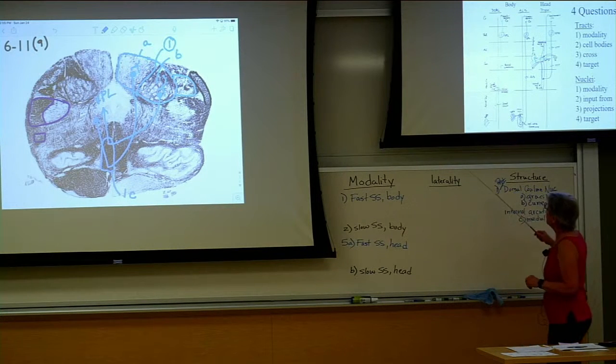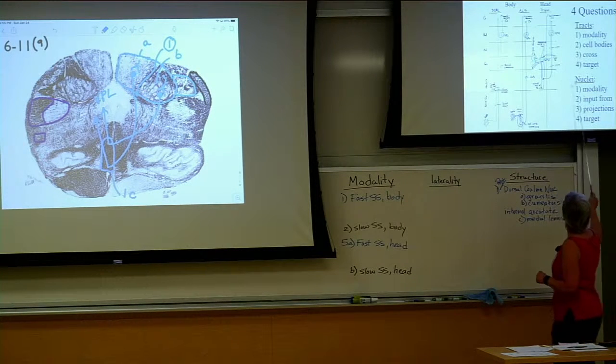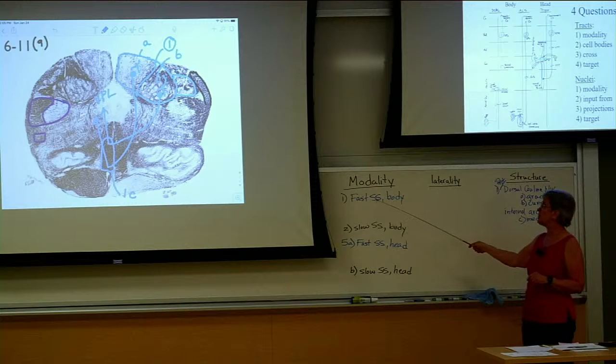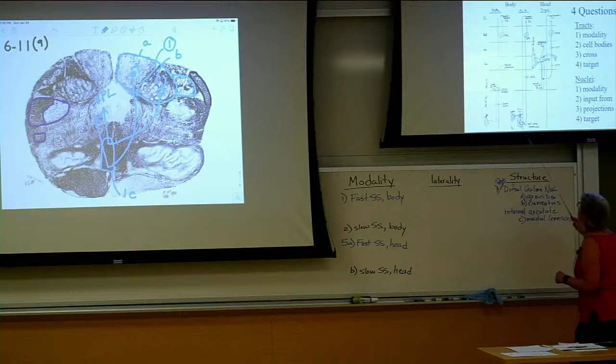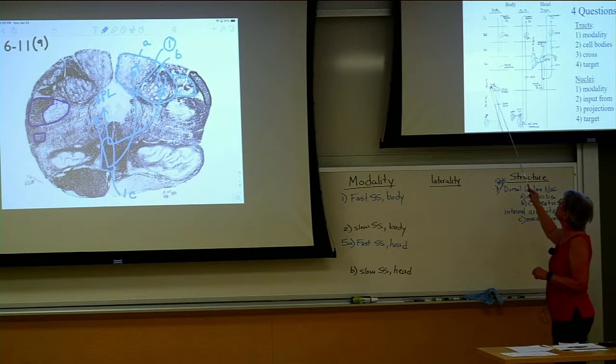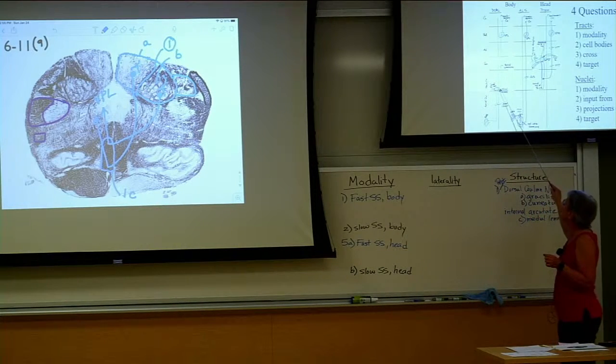All right, so question 1 is, we're talking about a nucleus as the modality, so we know we're talking about fast somatosensory information for the body. And the structure is the dorsal column nuclei, so that's right here, look on your handout. And the question is going to be, where did this information originate? And the way you answer that question is looking at this handout. We're talking about this nucleus right here, and here is where the information originates with the primary sensory afferent out in the periphery of the body.